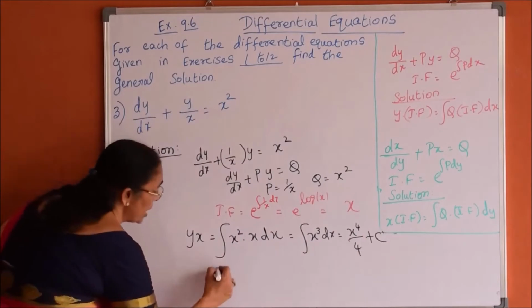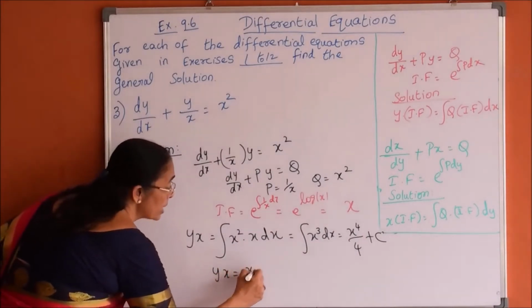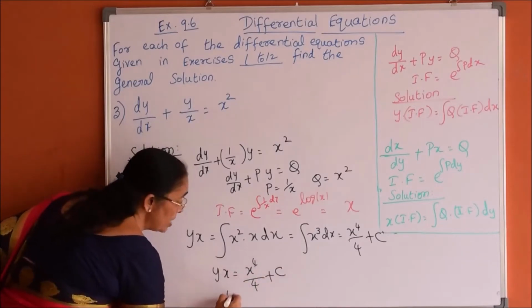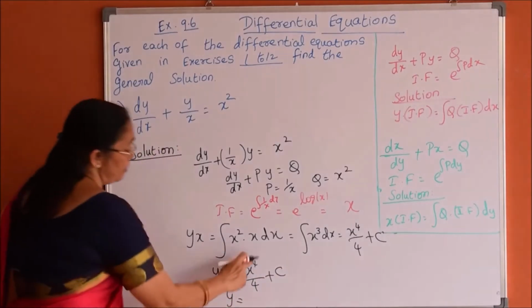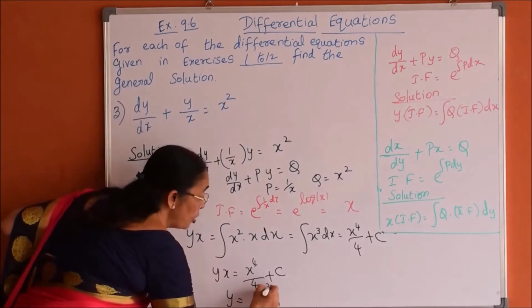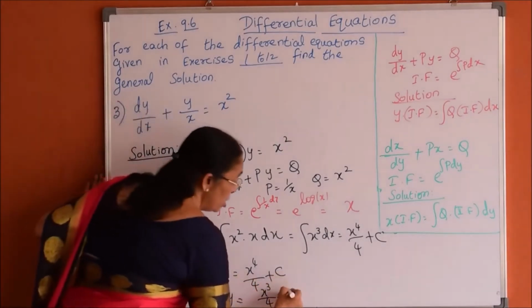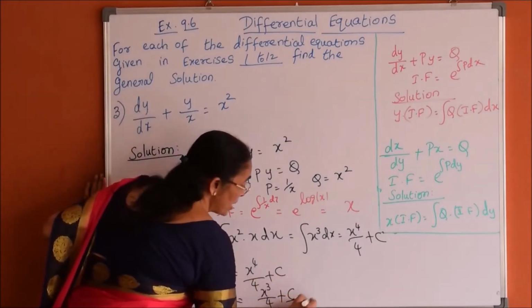So yx is equal to x power 4 by 4 plus c, or y is equal to x power 4 by x, that is x cube by 4, plus c by x, or c x power minus 1, or c by x only we can write.